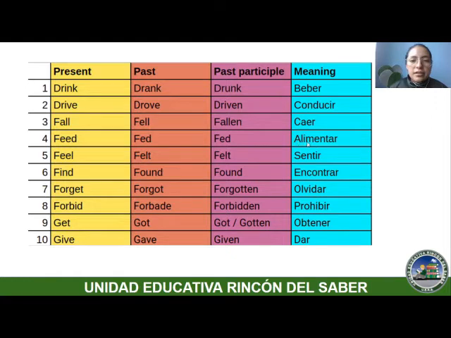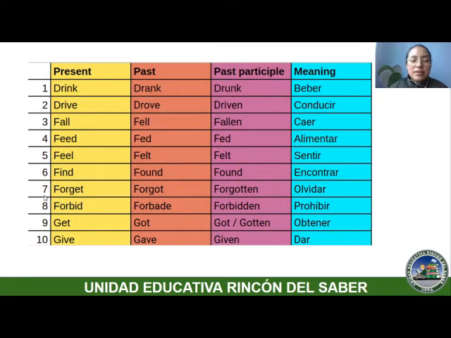And meaning, alimentar. Now, next please. Excellent, very good. Number 6. In present, find. In past, found. In past participle, found. The meaning, encontrar.